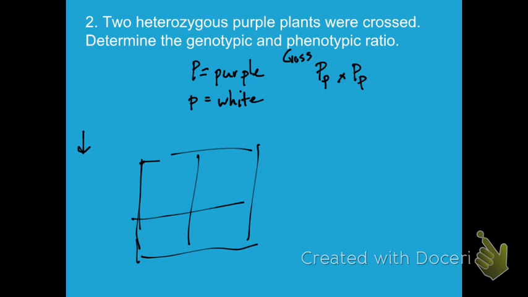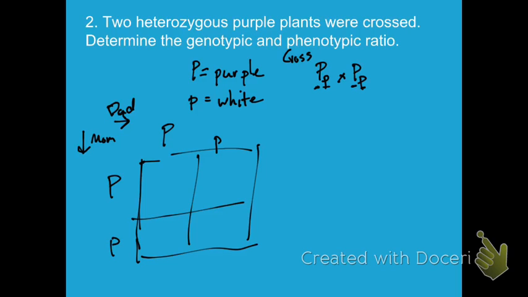And so we're going to go ahead and make a Punnett square here. It doesn't matter what side mom or dad goes on, but one parent goes on the top and one parent goes on the bottom. If the parent is heterozygous, they can either give their offspring a big P or a little p. So these are the two possibilities, and then it could give this, right? So we're basically figuring out what are the combinations that they can give them.